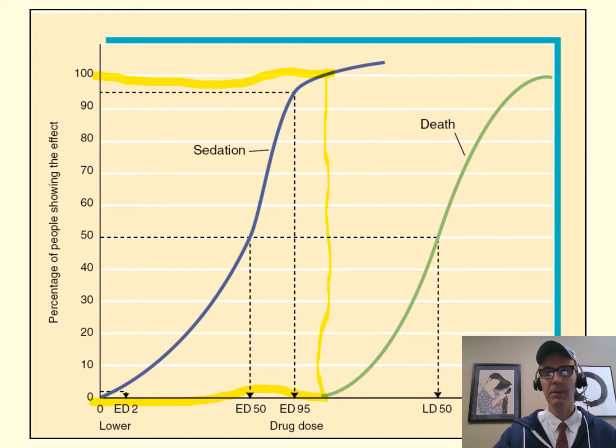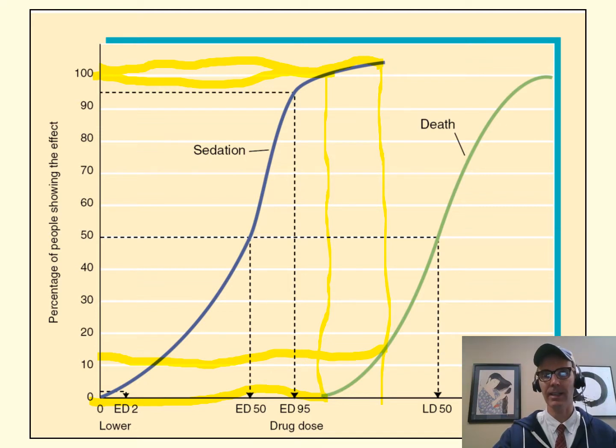You might say, well, what about a higher dose of the drug? Well, at a higher dose of the drug, slightly more people will report the effect, but not much more. This drug has kind of reached its peak efficacy, but at this higher dose, now we're starting to see some percentage of the population die from the dose, maybe 10% if you'll allow for my squiggly lines.